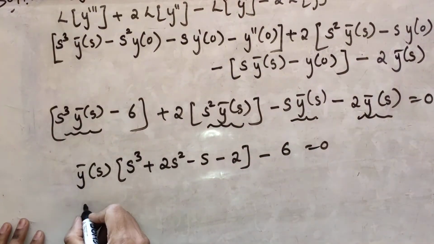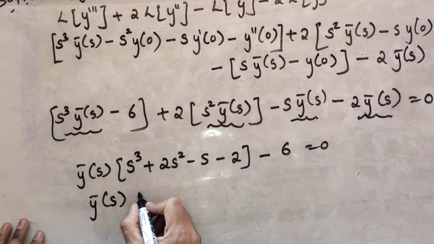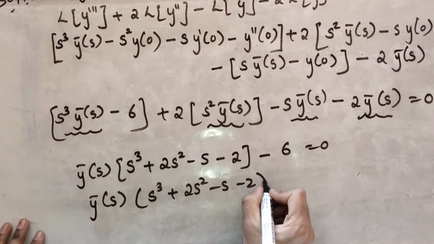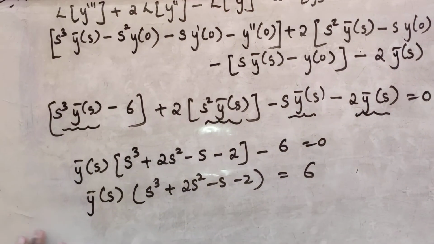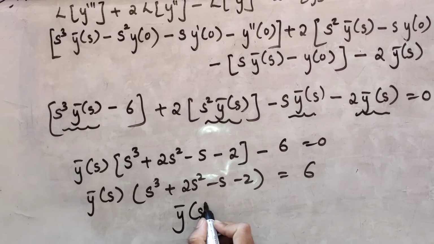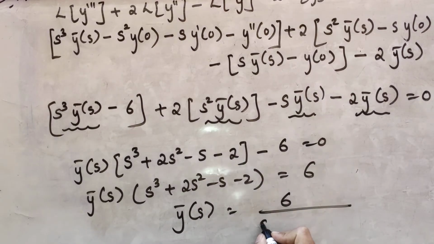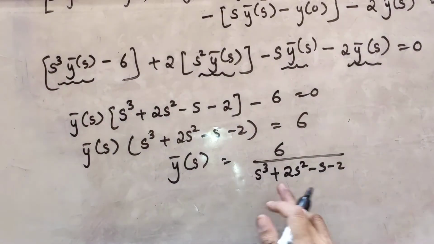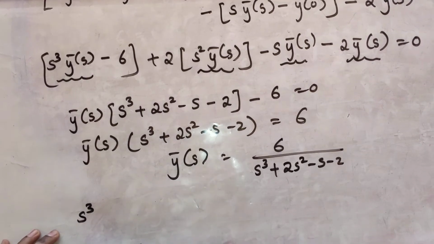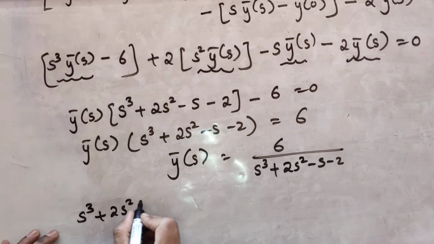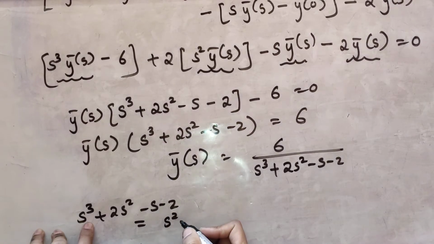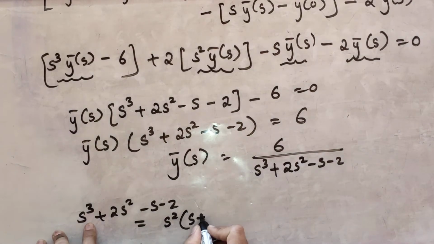Further you have to simplify this. y bar of s into s cube plus 2s square minus s minus 2 is equal to 6. Or separate your y bar of s from here. You will have 6 divided by s cube plus 2s square minus s minus 2. Now see this denominator, s cube plus 2s square minus s minus 2. I can take s square common from the first two terms, you will be left with s plus 2.